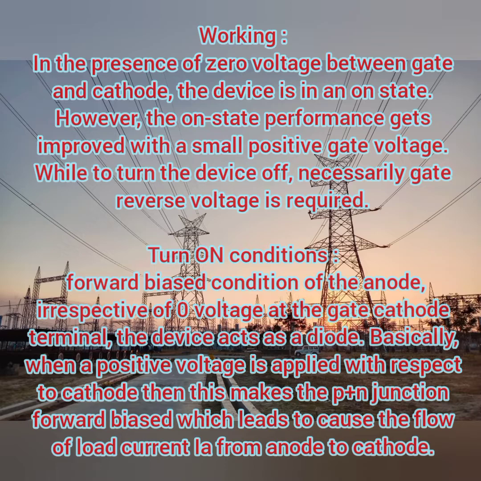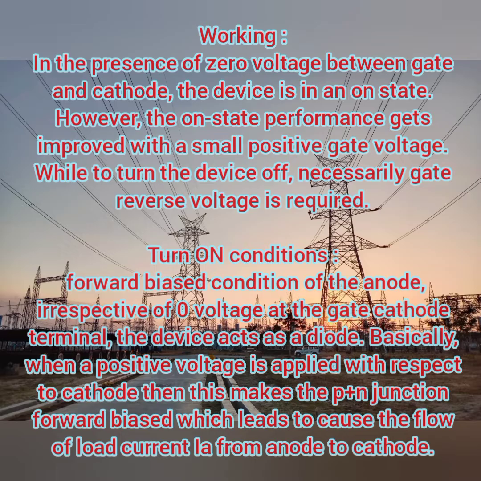So the turn on condition: forward biased condition of your anode irrespective of zero voltage at the cathode terminal, the device acts as a diode. Basically, when a voltage is applied with respect to the cathode, then it makes the p-n junction forward biased, which means carrying the load current from anode to your cathode.